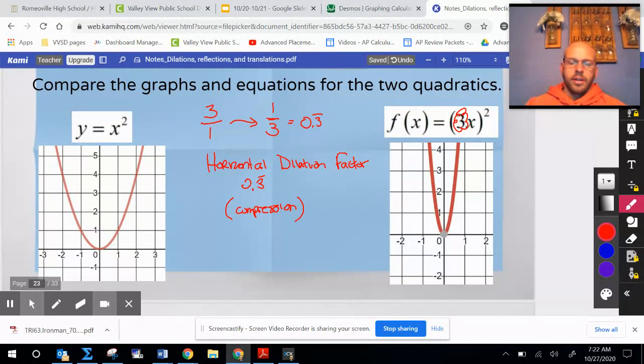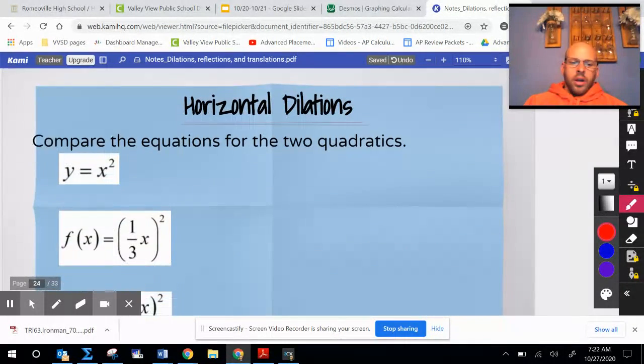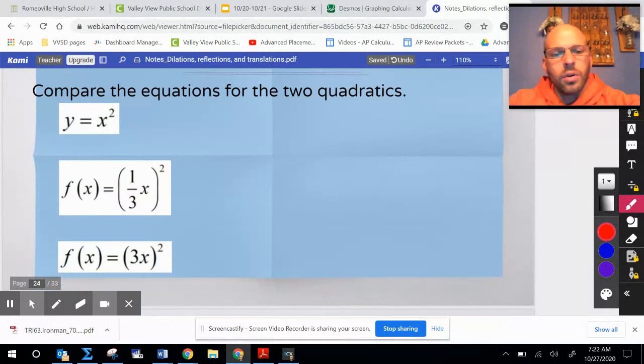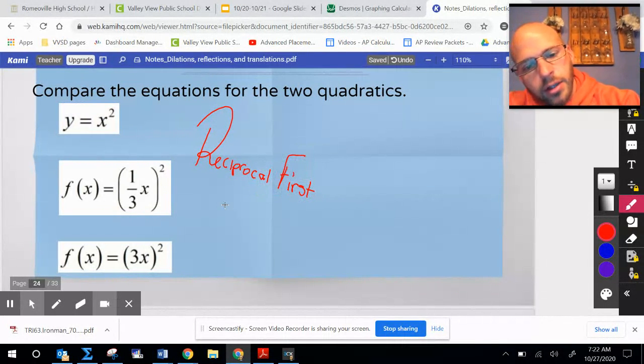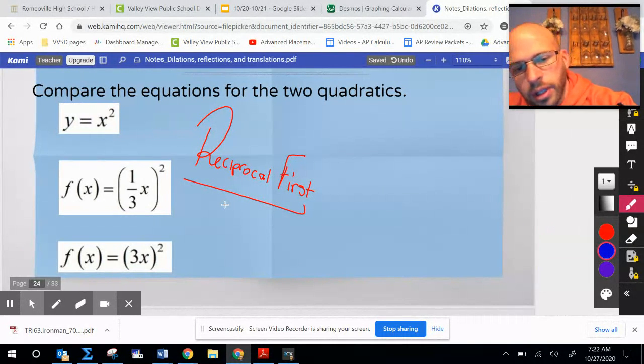All right. So, we need to do the reciprocal first. Okay. So do the reciprocal first. Once you do the reciprocal, okay, in this case, 1/3 is going to turn into 3/1, which is just 3.